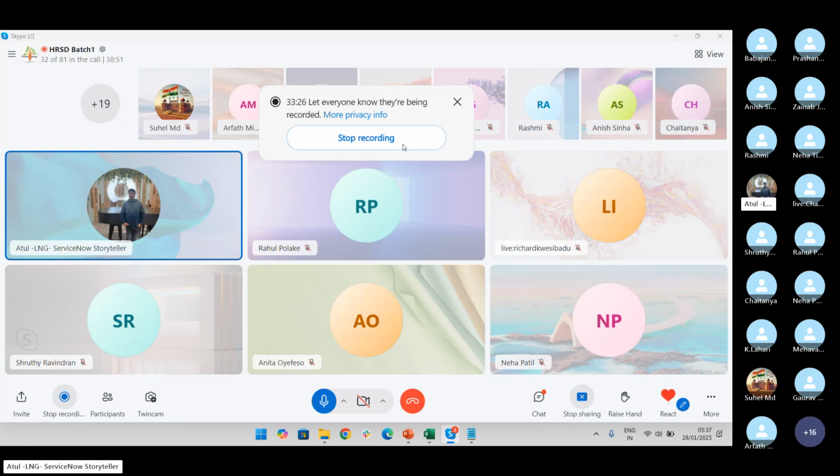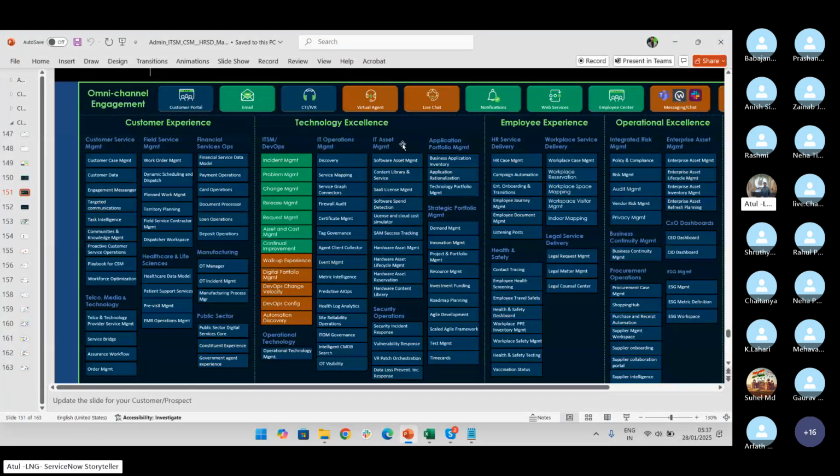Those devices are assets for that person, and to record that, we have IT Asset Management as a module in ServiceNow. जो आप दिख रहे हैं यहाँ पे bold में, everything you are seeing in bold, these are the different products of ServiceNow and need different classes or trainings or experience to work in these areas.